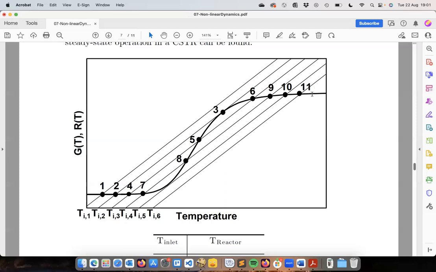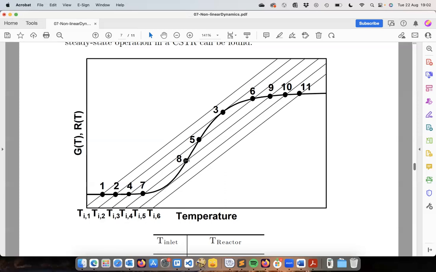Just like we had a stable, steady state at 11, we can see that 0.7 is a stable, steady state as well. But now let's say we somehow force the reactor temperature to go all the way up to 0.8. Now we can see here 0.8 does have an intersection. So we have G equal R at 0.8. But the situation here is quite different, right?